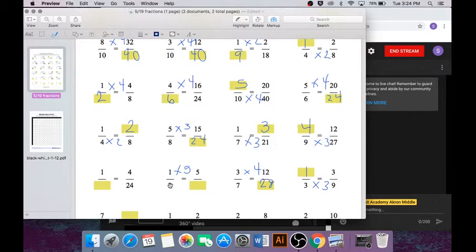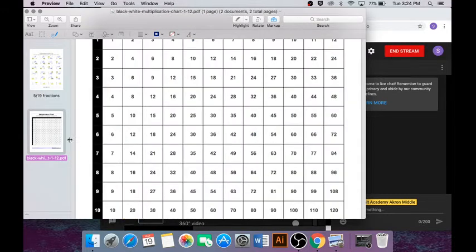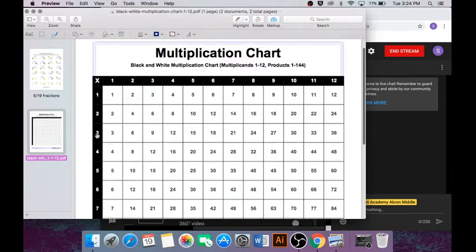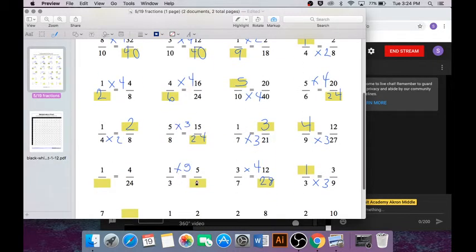Okay, so now we need to multiply our denominator times 5 to get our second denominator. So we're going to use our multiplication chart to find out what 3 times 5 is. 3 times 1, 2, 3, 4, 5 is 15. So our second denominator is going to be 15.